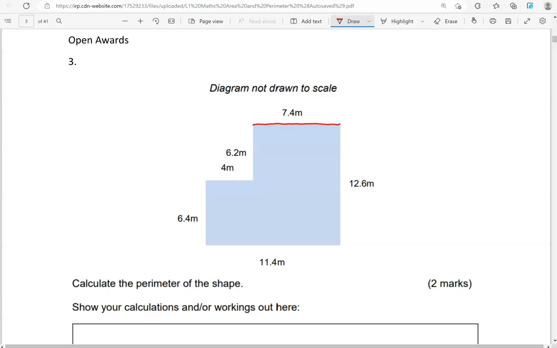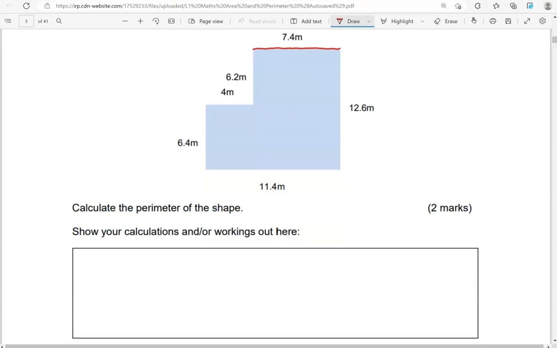We've got 7.4, 12.6, 11.4, 6.4, 4 meters, and 6.2.